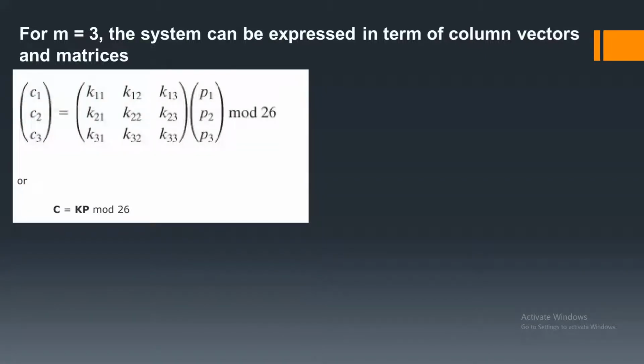I can write the encryption process as C = KP mod 26, where C1, C2, C3 represent the column vector of the ciphertext, and P1, P2, P3 represent the characters of the plain text in a column vector. K11, K12, K13, K21, K22, K23, and K31, K32, K33 are the entries of your key represented as a square matrix.